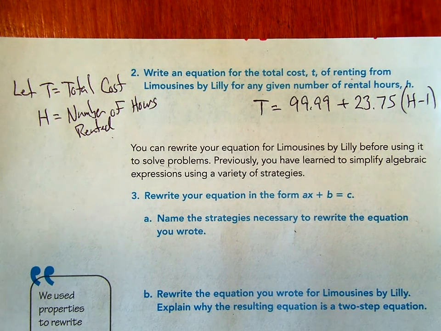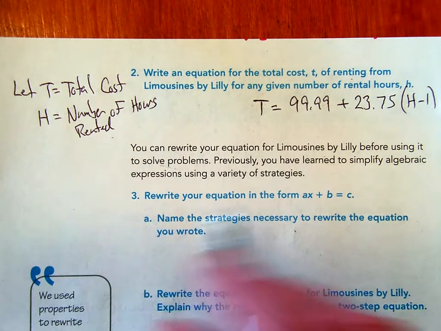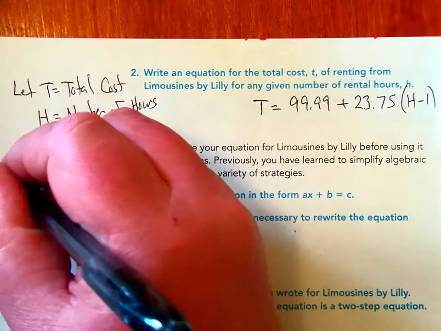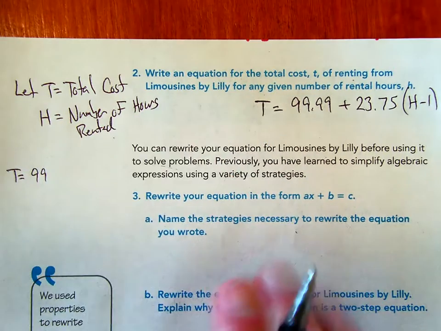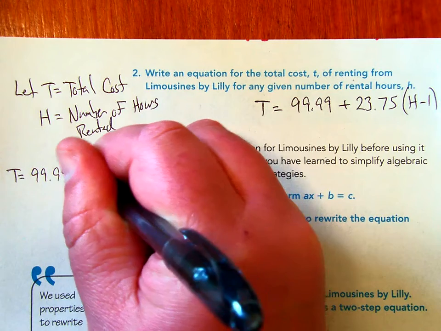So let's take a look at what we're given. I'm going to still use my t's and h's, and I have my original T equals 99.99 plus 23.75 times h minus 1.